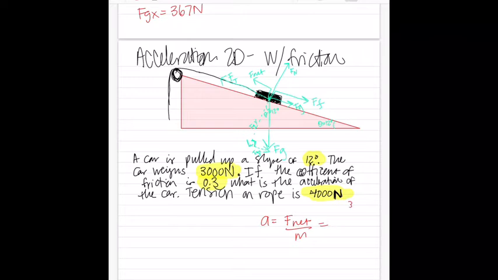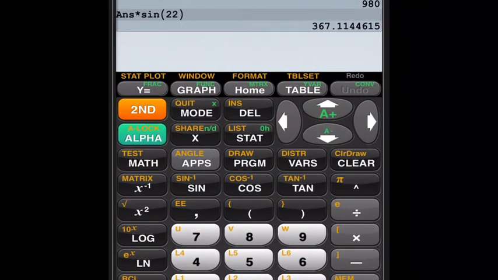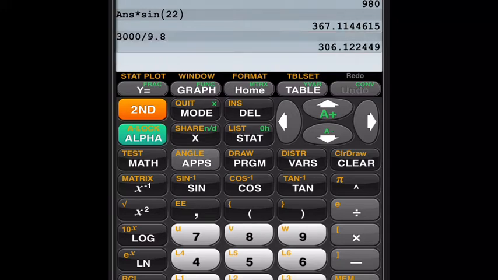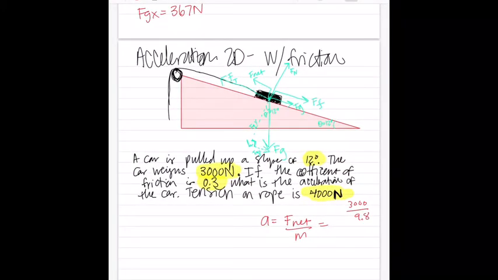So that'll be 3,000 divided by 9.8. That will be 306. Let's just round the whole numbers to make things easier. So mass will be 306 kilograms.